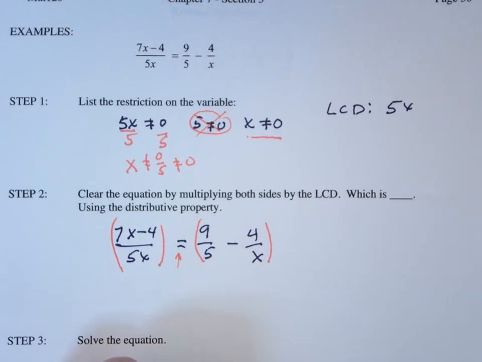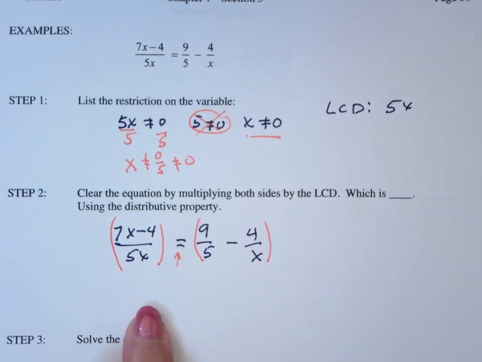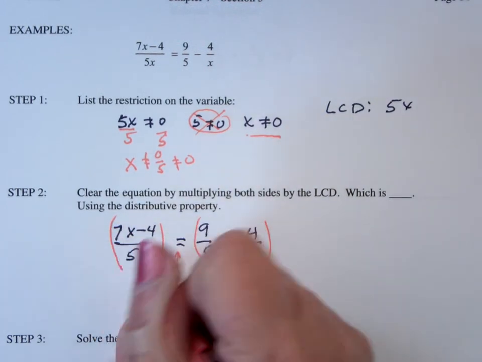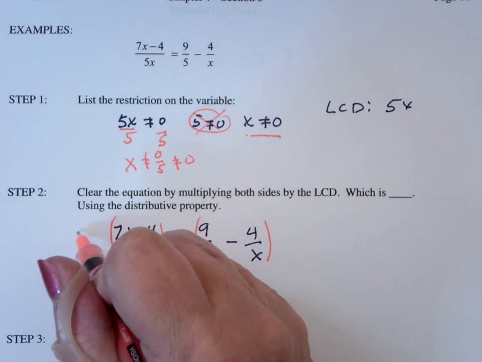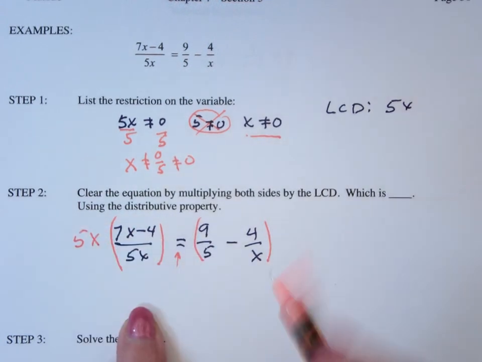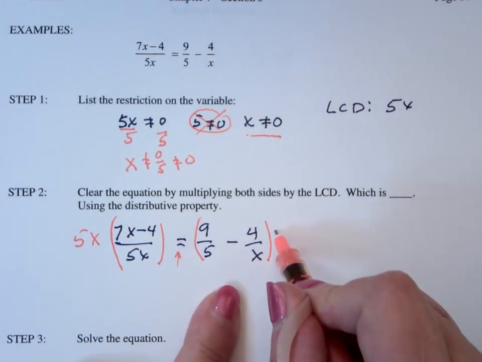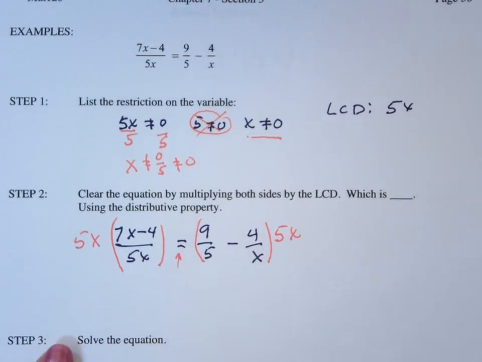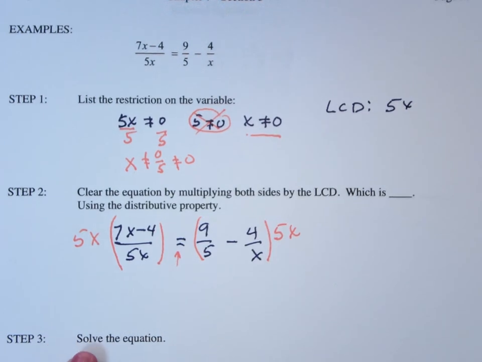That's why when it says, now multiply both sides by the LCD, I have my equal sign. The set of parentheses on the left needs to be multiplied by 5x. The set of parentheses on the right also needs to be multiplied by 5x. So to do that, you are going to use the distributive property.